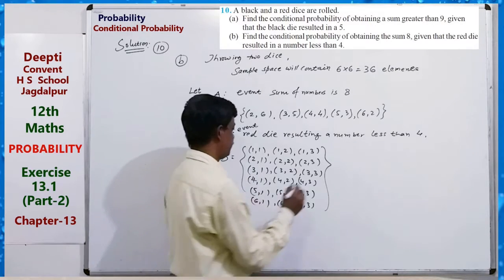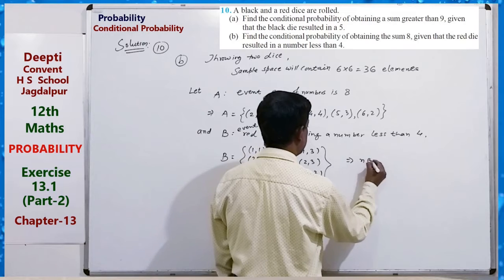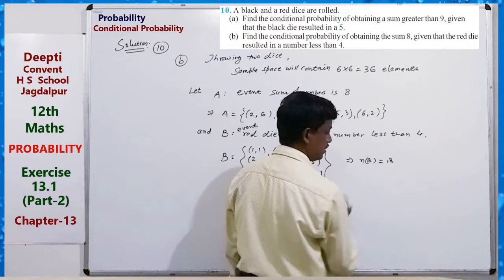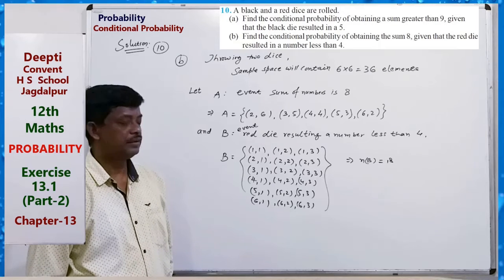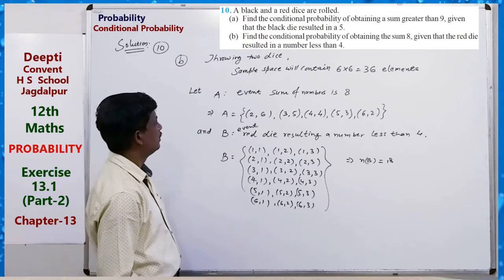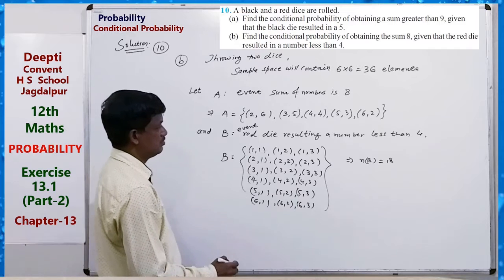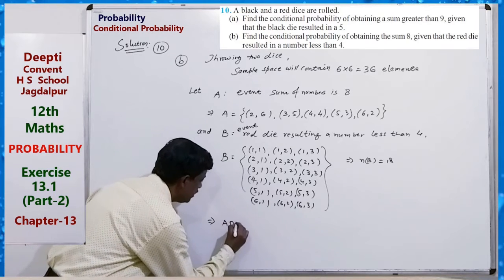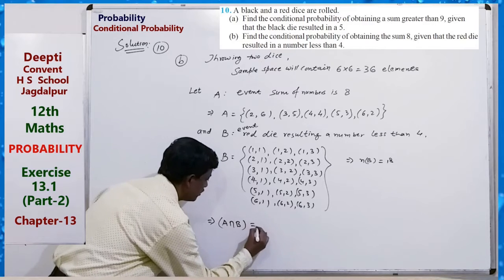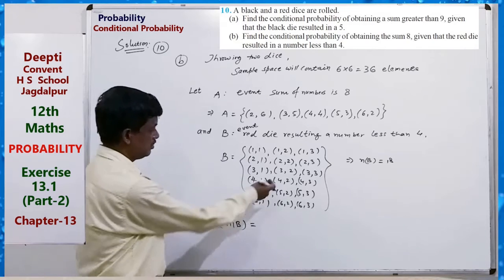So that gives 18. This implies n(B) equals 18. Clear? And n(A). Also, we see that n(A intersection B), this intersection.